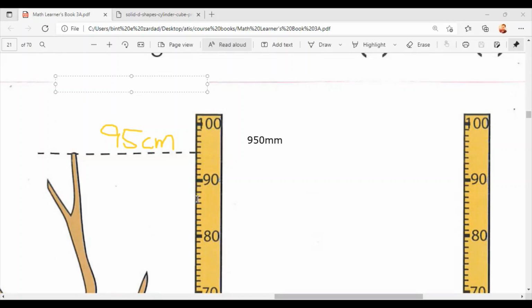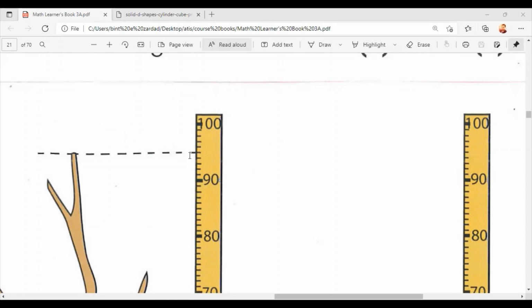This complete scale equal to 1 meter, so it is less than 1 meter. So we write here 0 point because less than 100. So 0.95 meter. Done. 95 centimeter, 950 millimeter and 0.95 meter.